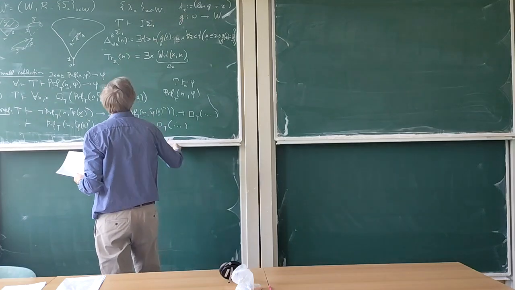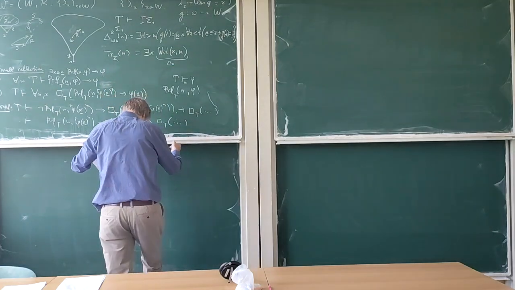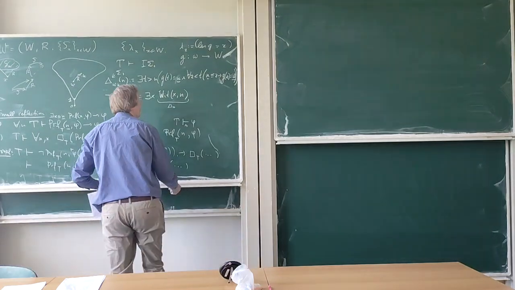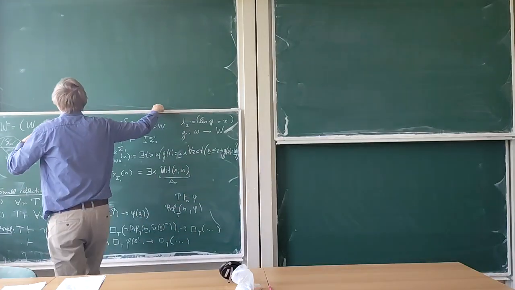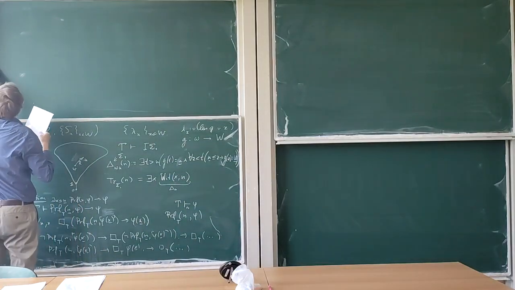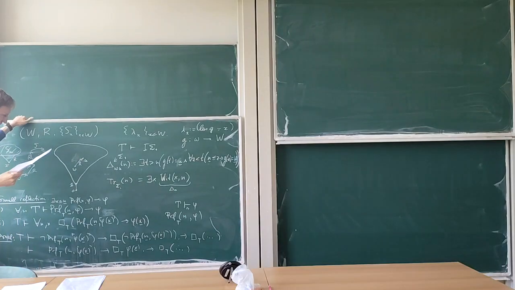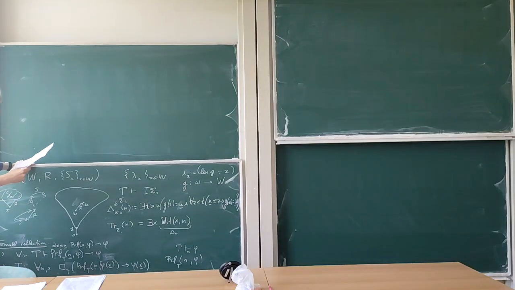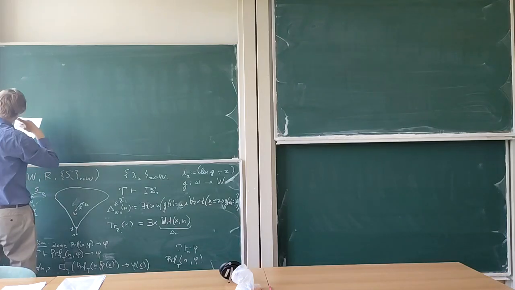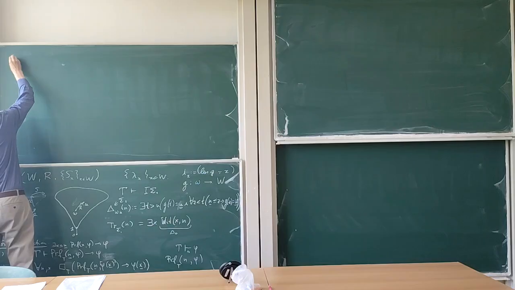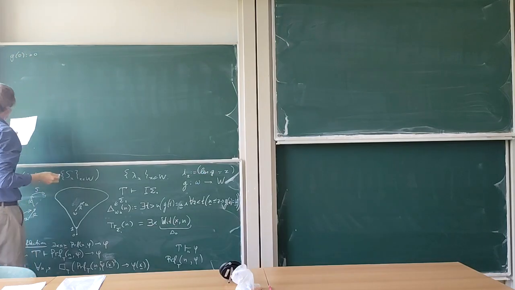Now let's go to the definition of G. And here is the main definition for today. Of course, G of 0 is 0.